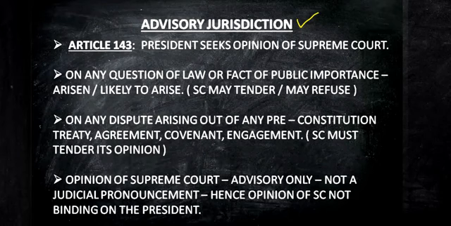I love you, 143. So youngsters use the number 143 to say I love you. In this way you can remember that the President is saying I love you to the Supreme Court, and in this way he is seeking the opinion of the Supreme Court. This is just a joking and silly note by which you can remember Article 143.